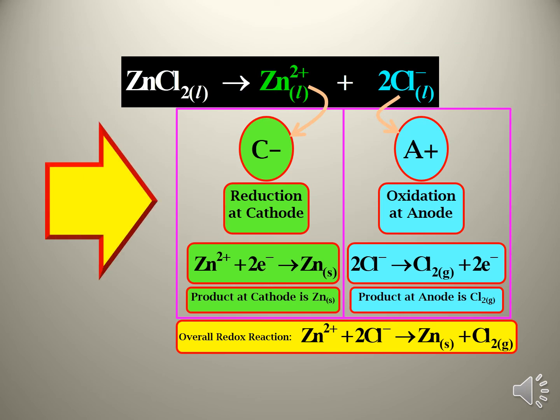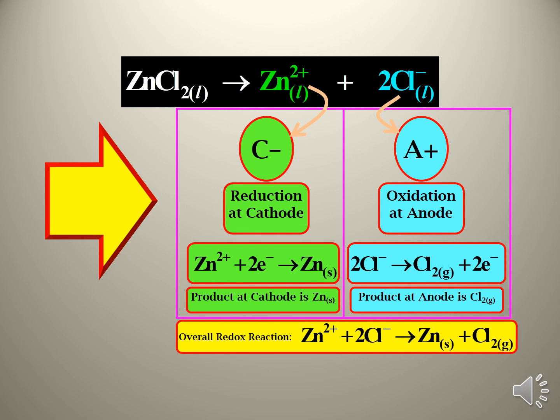So we can see here the overall reaction. First, zinc chloride ionizes into zinc ions and chloride ions. The zinc ions will move towards the cathode, that is the negative electrode. Here these zinc ions will gain electrons and convert into zinc metal. And chloride ions, they are negatively charged, so they will move towards the positive electrode, that is the anode, where these chloride ions will lose electrons and convert into chlorine gas.